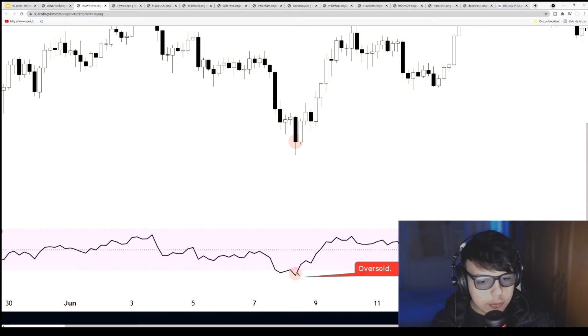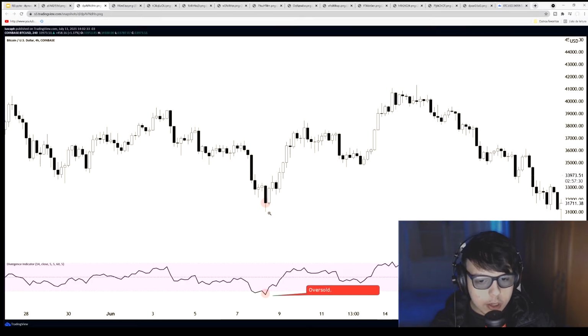This means that the price is oversold in this range. And right as we hit this oversold area, the price moved to the upside. So the price being oversold on the RSI signaled that there could be a reversal, and it happened, so we moved up.